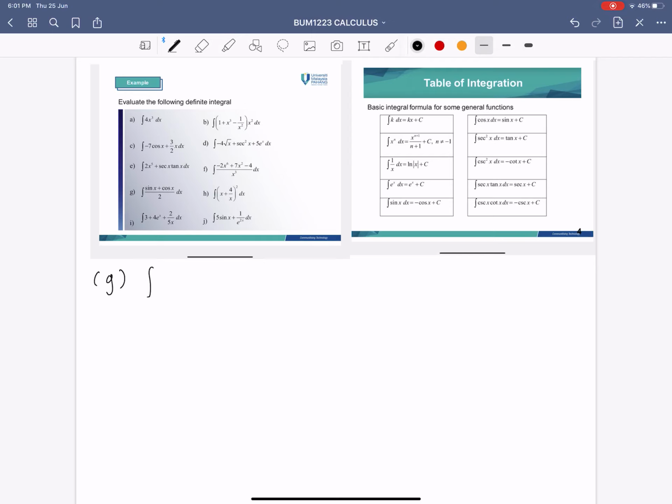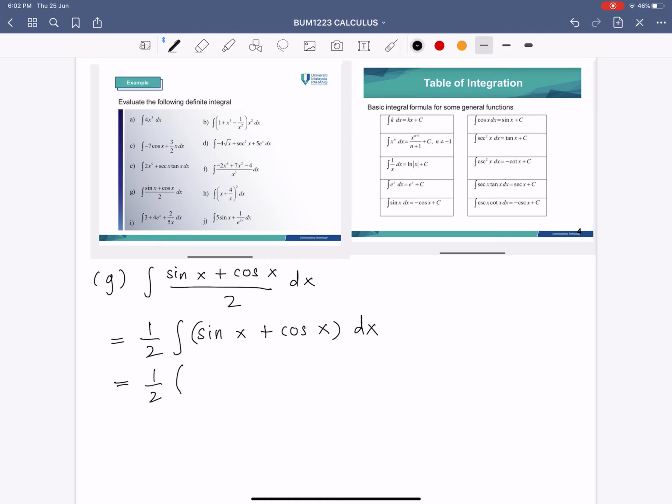We have the integration of sine x plus cos x over 2 dx, where this is equal to, we can factor out 1 over 2, integration of sine x plus cos x dx. 1 over 2 is a constant, just remain it there.